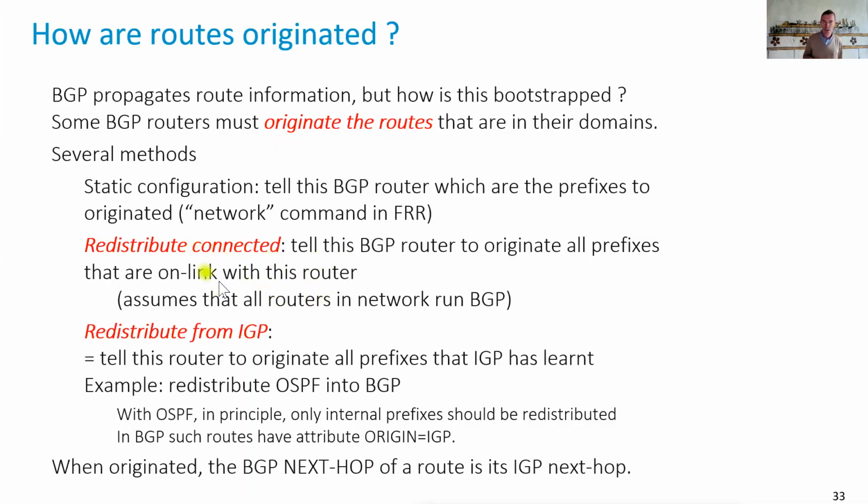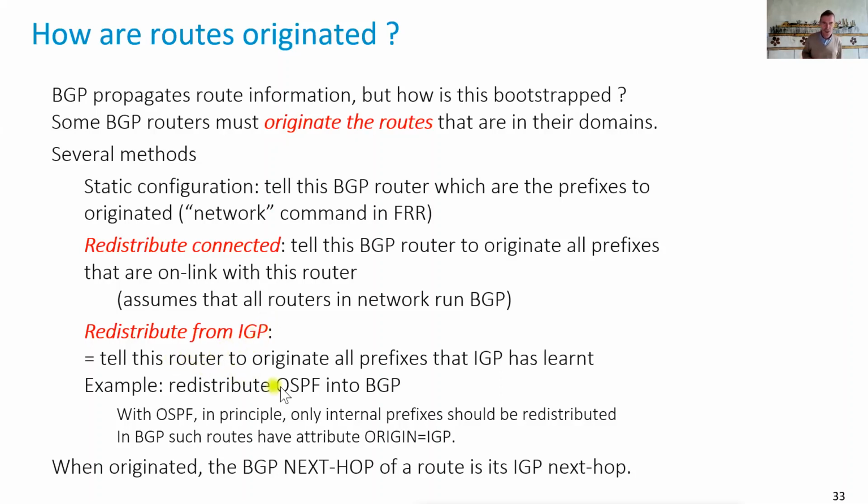Of course, this will redistribute all the routes in this domain if all routers in this domain run BGP. That was, for example, the second example we saw last week, which was applying this rule, redistribute connected. Another rule which is more frequently used is redistribute from IGP. IGP, remember, in the context of BGP means the interior routing protocol, OSPF, for example.